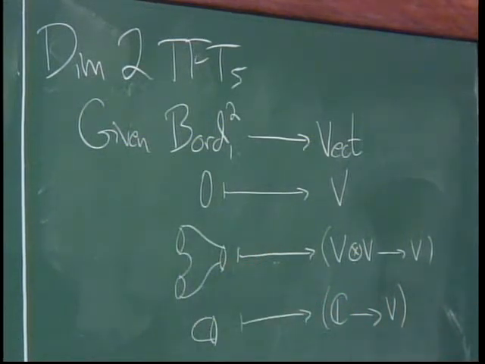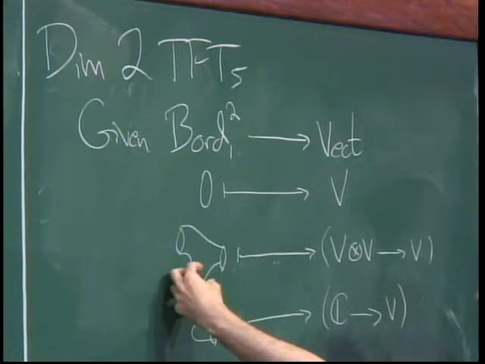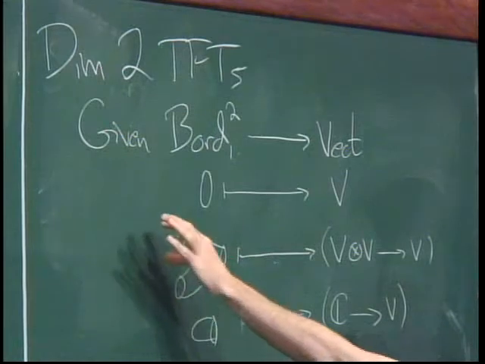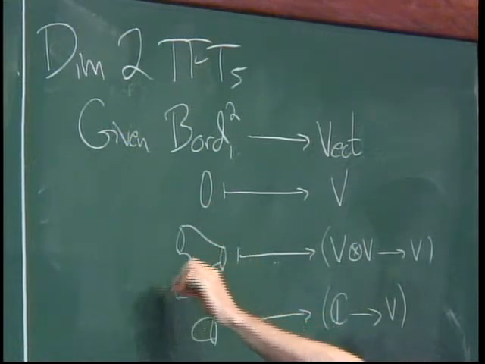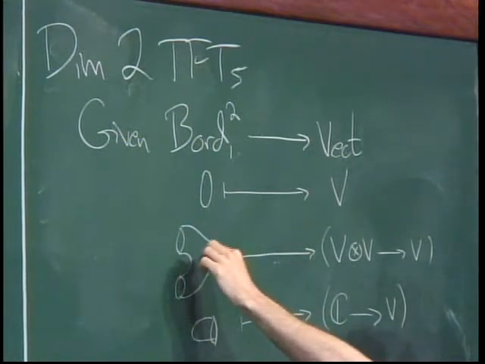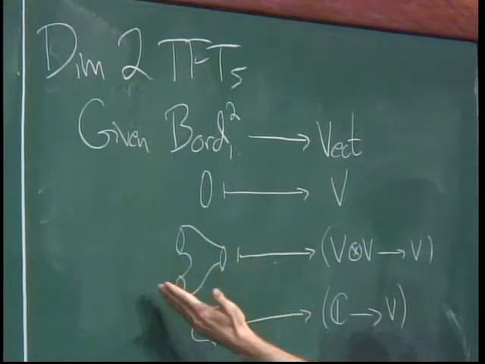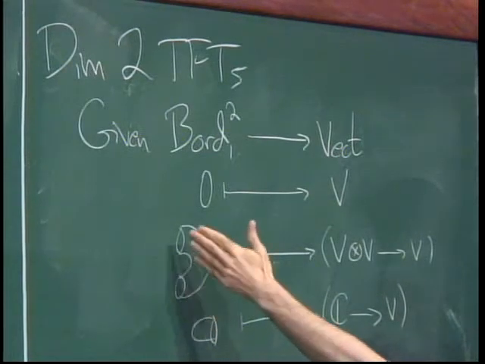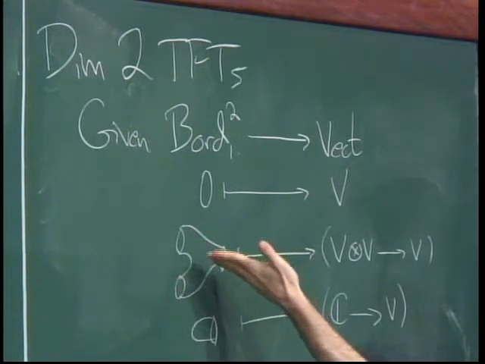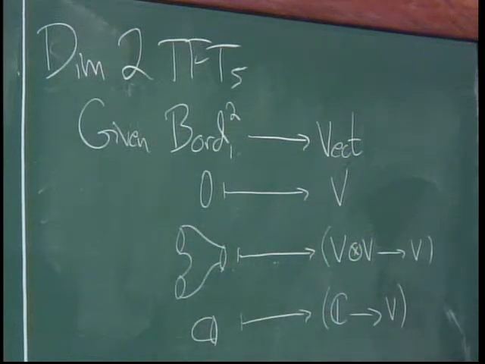And now you can start playing around with how these Bordisms glue together. So for instance, if I take this cup and stick it on the end here, then I am left with a manifold that has this protruding tail, but I can just take a diffeomorphism that shrinks that tail back into an ordinary cylinder, so I get the identity.